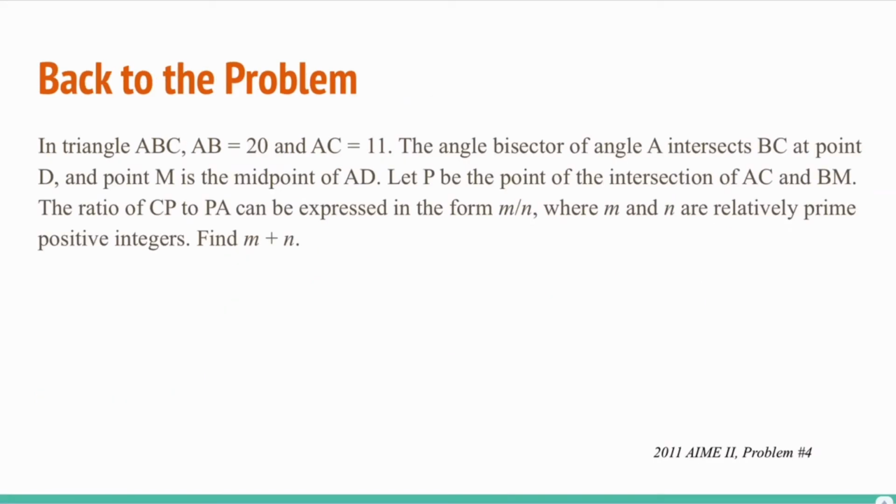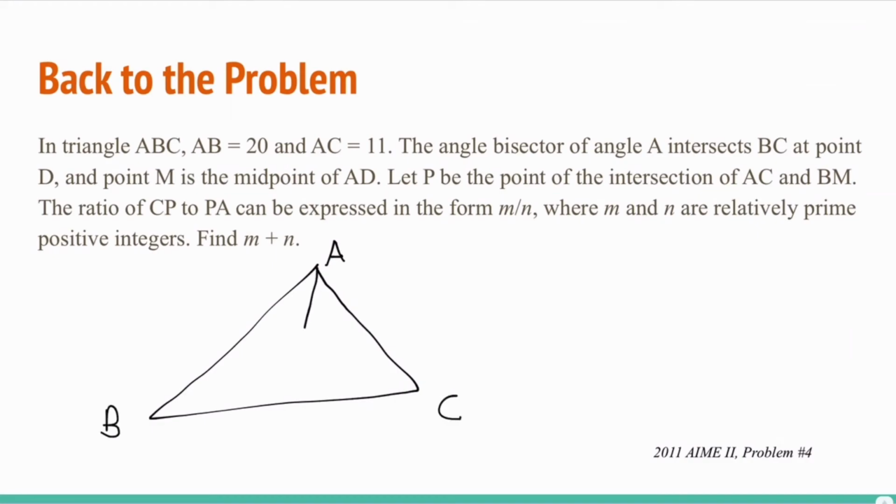Now, let's come back to the problem. First, let's draw a diagram. Let's say that this is triangle ABC, and the angle bisector of angle A intersects BC at point D. The midpoint is M, and BM intersects AC at P. We also know that AB is equal to 20 and AC equal to 11.